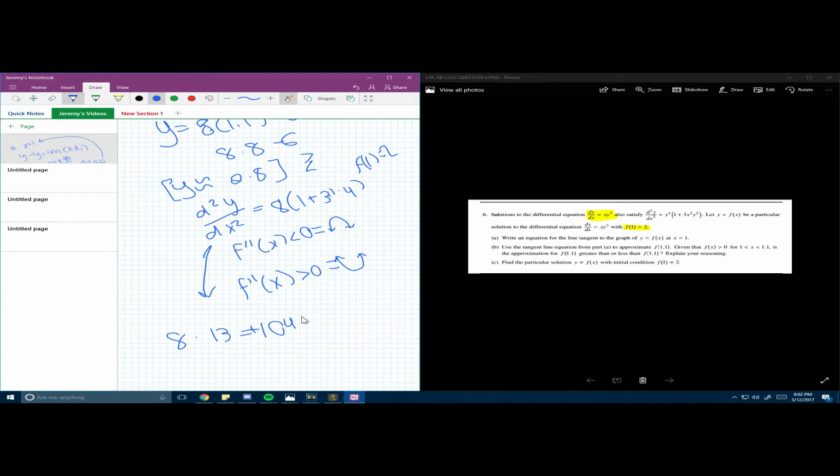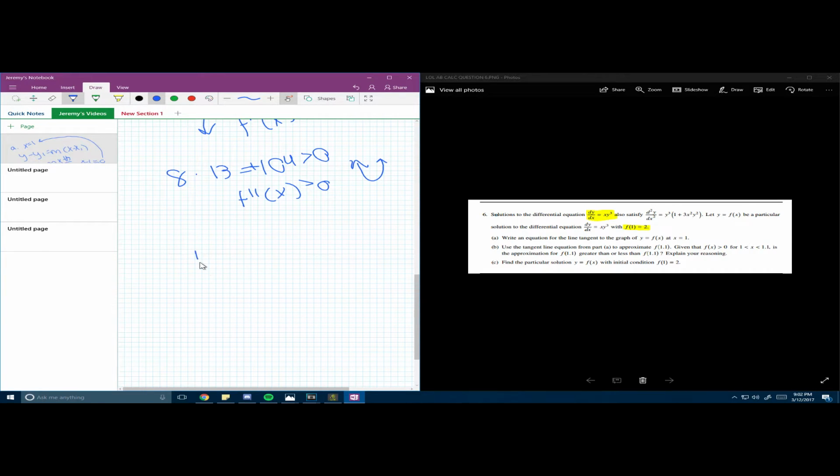And this is positive and greater than 0. So f double prime of x is greater than 0, making it concave up, increasing at an increasing rate, meaning that our line is going to have to be like this, making it an underestimate. Alright, and obviously you'd have to clean this up a little better in the AP test, but I'm just showing the general overview of this problem and how you would go about attacking it.